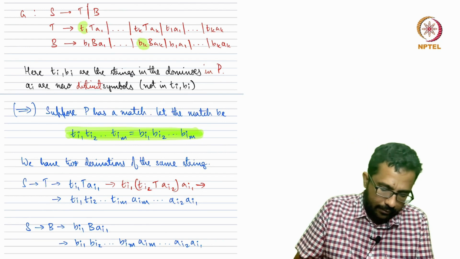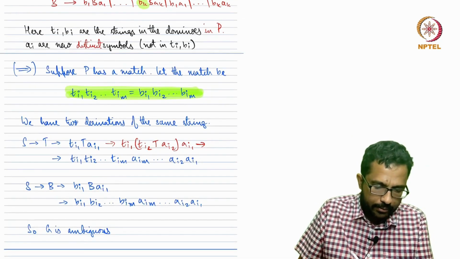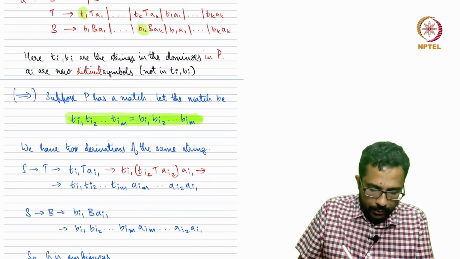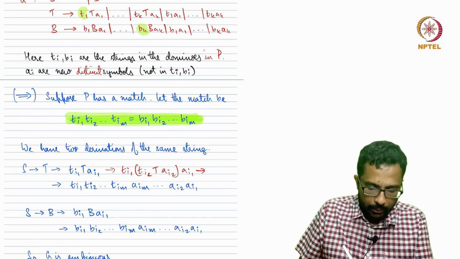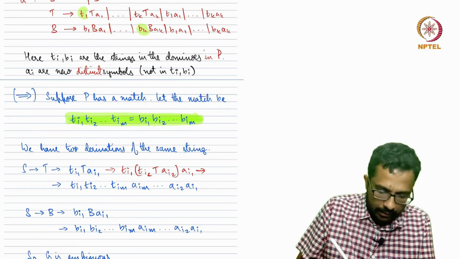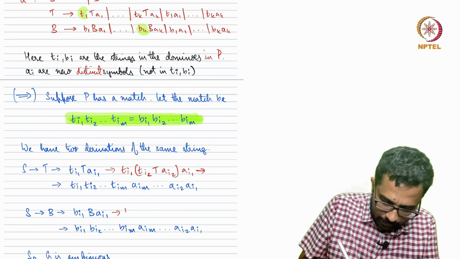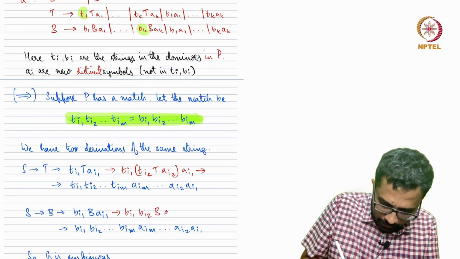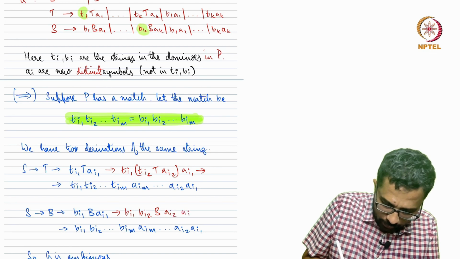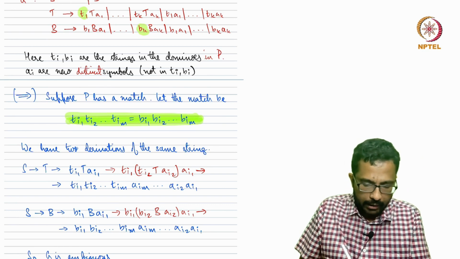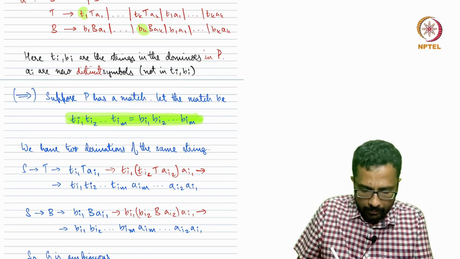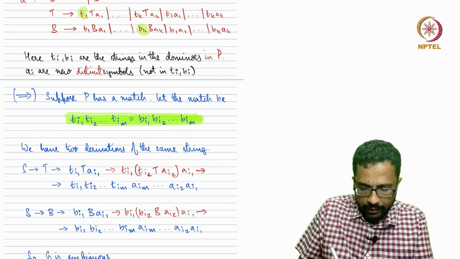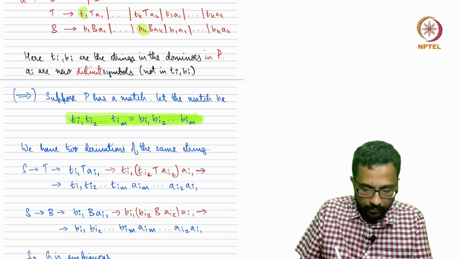Very similarly, we can use S gives B, B gives Bi1 B ai1, and then similarly Bi1 Bi2 B ai2 ai1, and so on. Finally, I have Bi1 Bi2 up to Bim, Aim and so on, Ai2 Ai1, right?